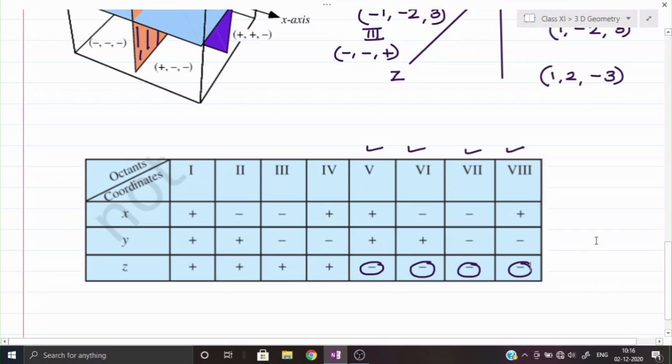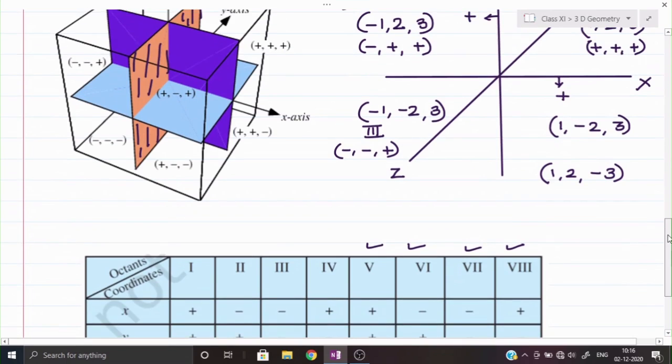Okay, so now how shall we decide which octant the given coordinate lies in if the z coordinate is given negative? For example, suppose it is given 1 comma 2 comma minus 3. So see, 1 comma 2 is lying in which quadrant? It is lying in the first quadrant, right?